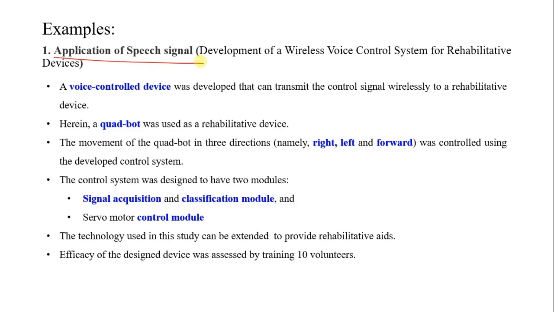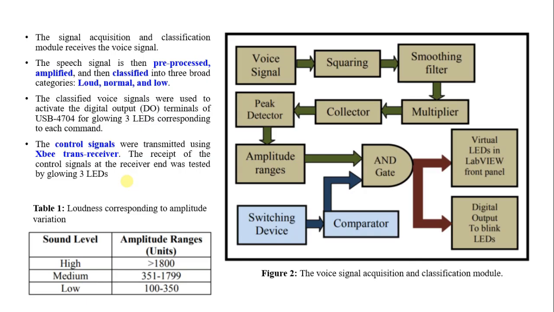So we can diagnose many things. Then we can also use this voice signal to control rehabilitative devices. Once we have the voice signal, we can apply some processing techniques, and from there we can generate the control signal.